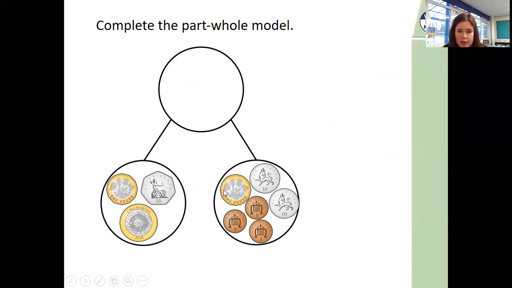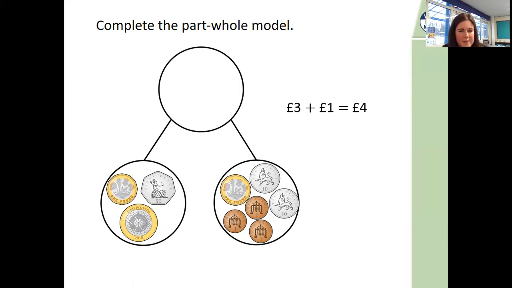Okay, complete the parts whole model. Now we know, don't we, that 2 parts add up to make a whole. So we're adding these 2 amounts to make 1 whole amount. So we're going to start first of all with the pounds. We've got £3 in one part and £1 in the other part. £3 add £1 is £4.